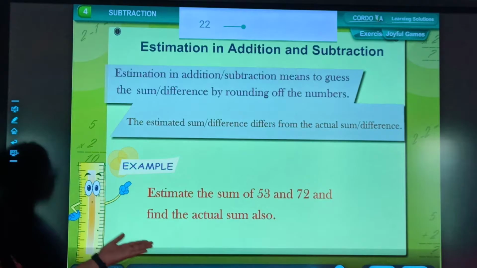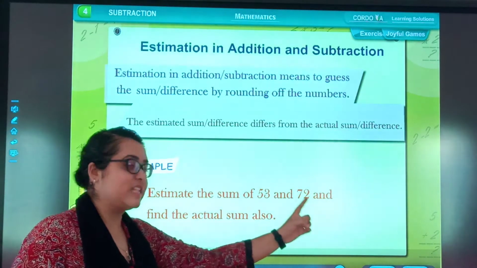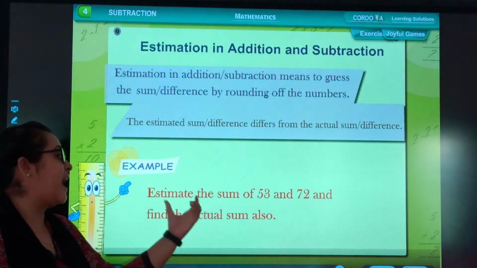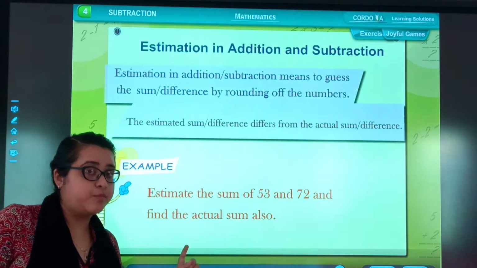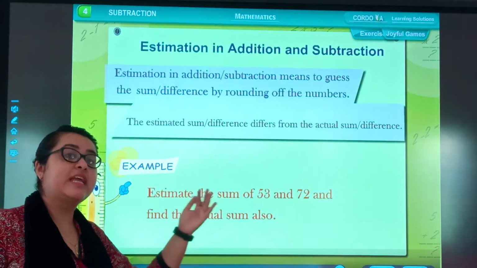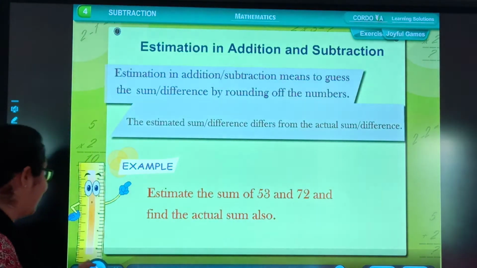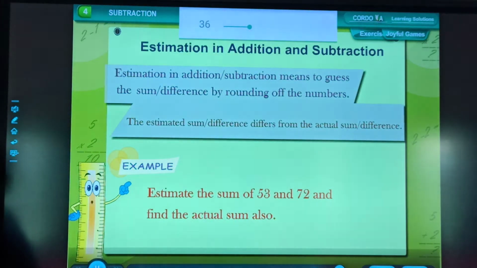See, read the question. Estimate the sum of 53 and 72 and find the actual sum also. We are supposed to find two things in this. One is to estimate the sum, and then we are supposed to find the actual sum. Okay students? Actual sum also.